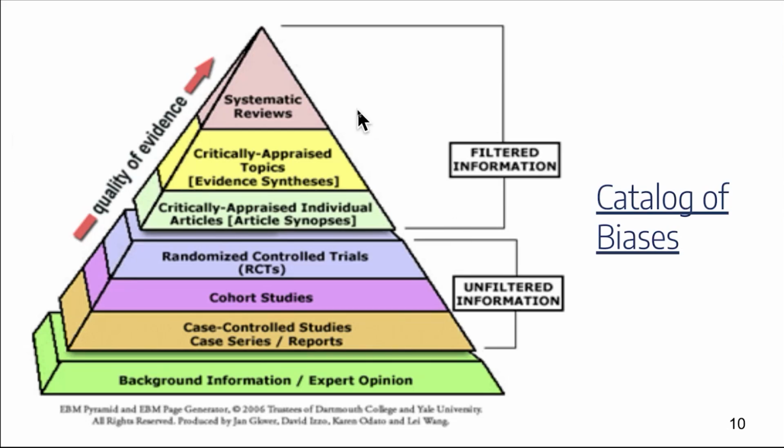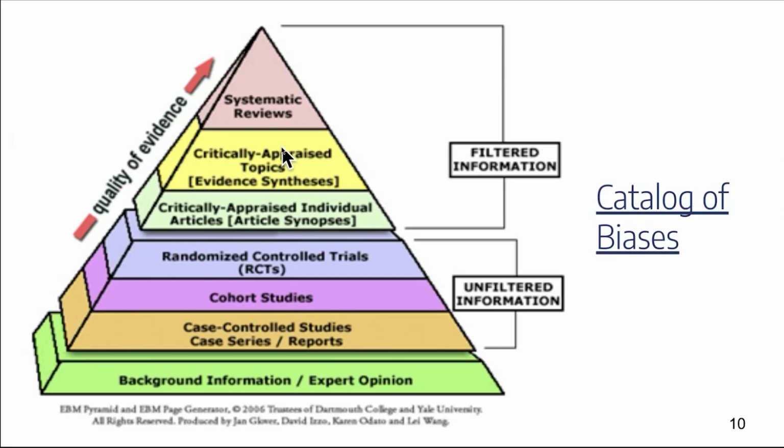Filtered information is studies or topics where they look at a whole bunch of the primary literature and add almost like another set of eyes, another set of appraisal, and they combine a lot of these primary studies, or unfiltered information, to provide a broader perspective.